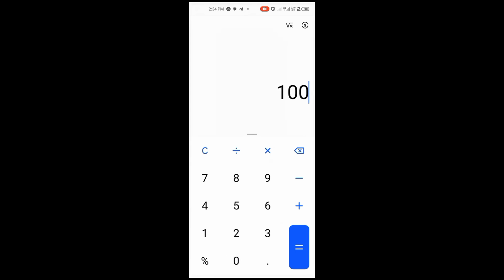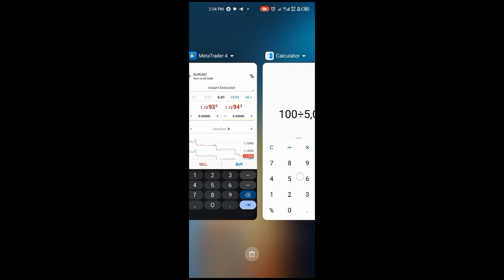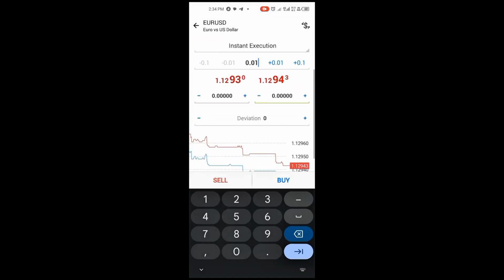You say 100 divided by 5,000, it will give you 0.02. So the lot size I'm going to use for $100 capital is simply 0.02. So I come back to my MT4 and I'll put 0.02 because I'm just assuming my account size is $100.